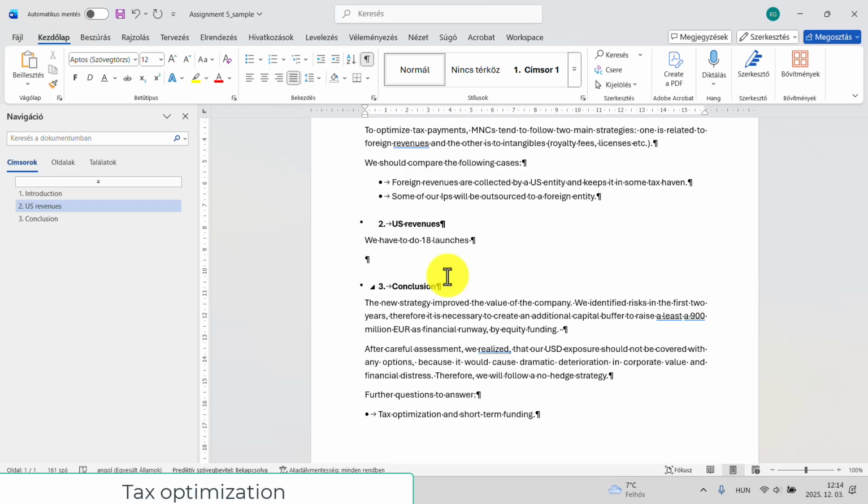We have to do 18 launches for Amazon Leo. Okay, at least I was able to write it without a typo this time. For Amazon Leo, the former Kuiper satellite constellation.